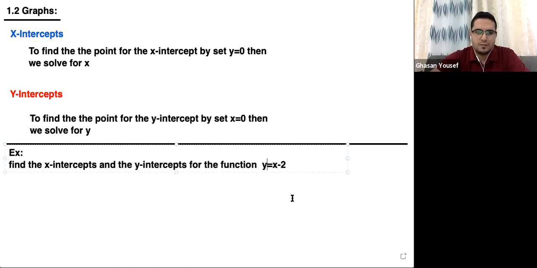So y equals x squared minus 2, here squared.